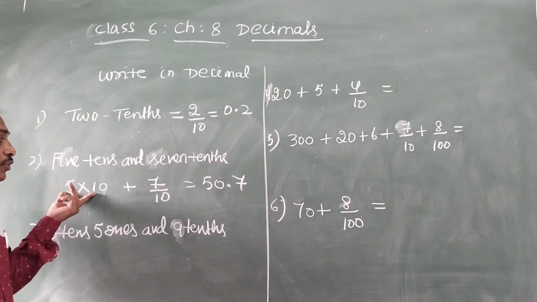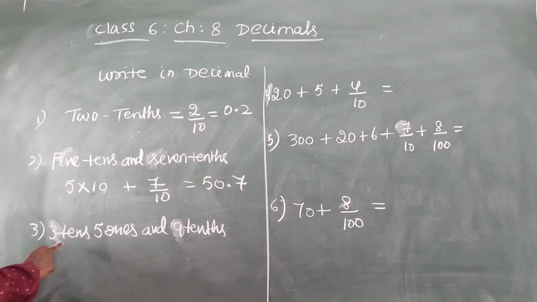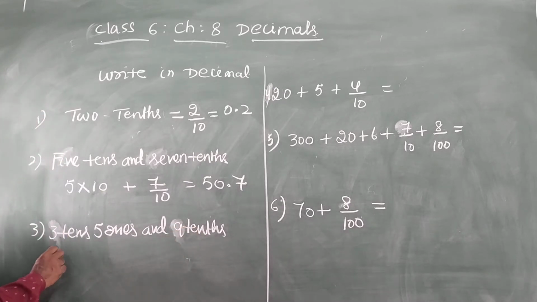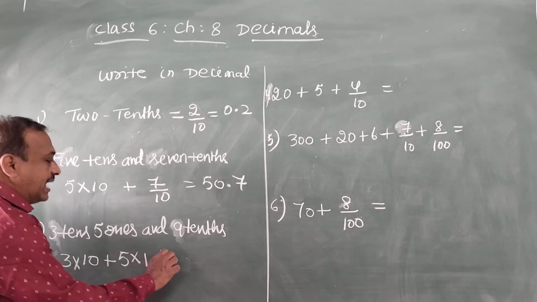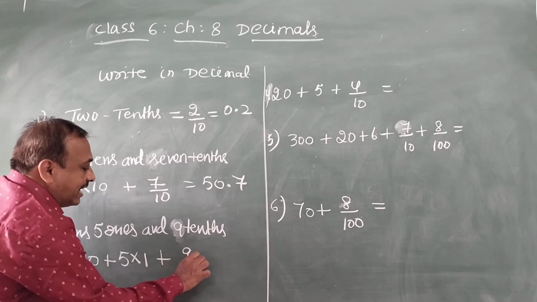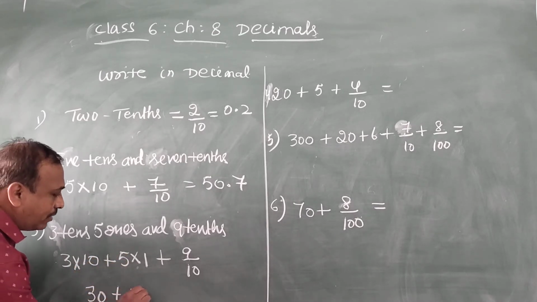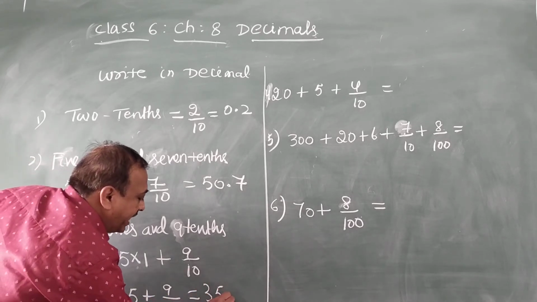This is 5 into 10 plus 7 by 10. Next, 3 tens, 5 ones and 9 tenths: 3 into 10, plus 5 ones, 5 into 1, plus 9 tenths, 9 by 10. So 3 into 10 is 30, plus 5, plus 9 by 10, which is 35.9.